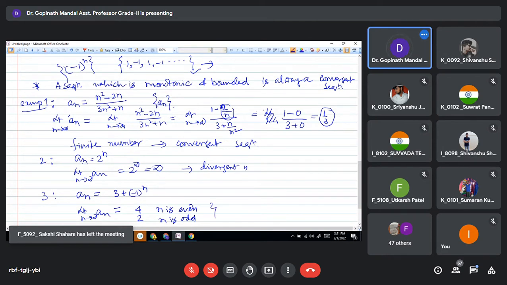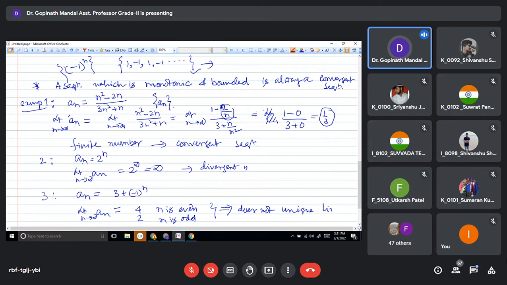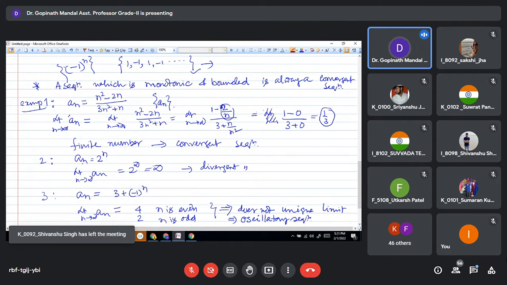That means this limit does not have a unique limit. So this is neither convergent nor divergent. This is an oscillatory sequence, because there does not exist a unique limit.